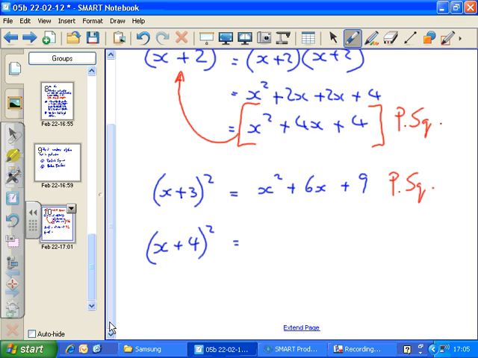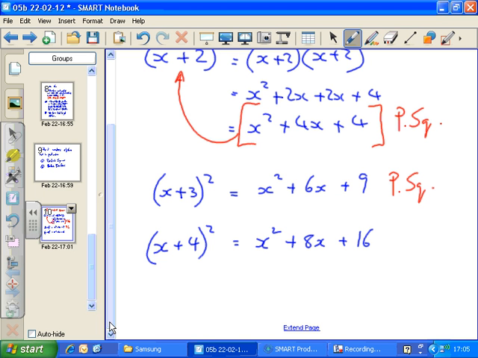So that'll be x squared, isn't it? Plus 8x plus 16. Right. That's a perfect square because it can be written like that. Okay?